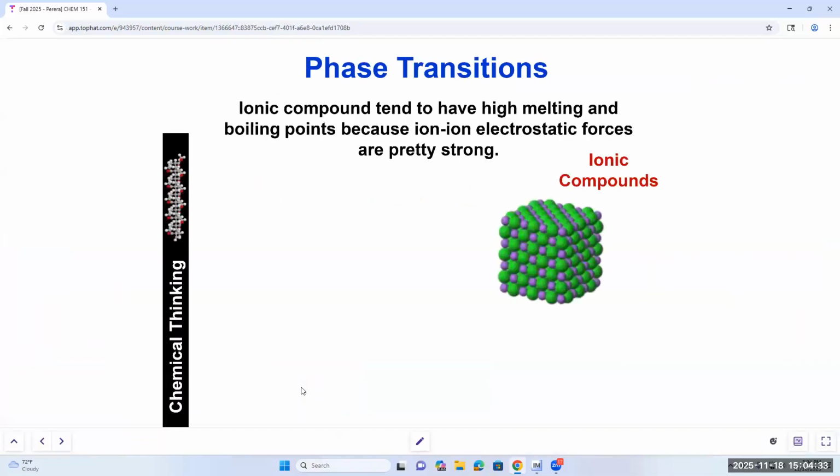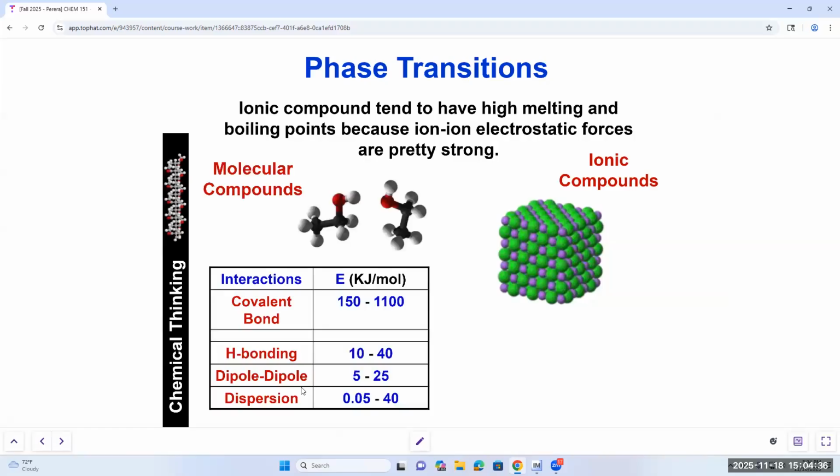Now, before I get into that, I want to point out something. Okay, we have seen this table before. The covalent bonds are really, really strong compared to intermolecular forces. They can range from 200 to 1200 kilojoules per mole. They're pretty strong. Okay. While the intermolecular forces can only go up to 40 kilojoules per mole. We have seen this before, right?